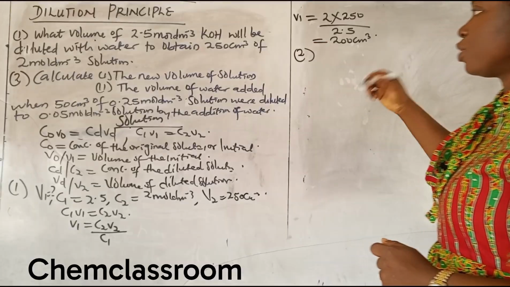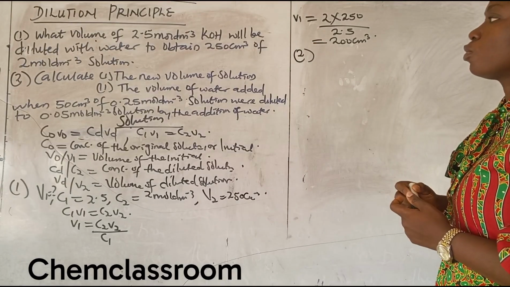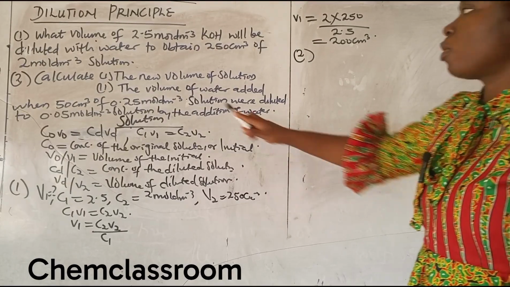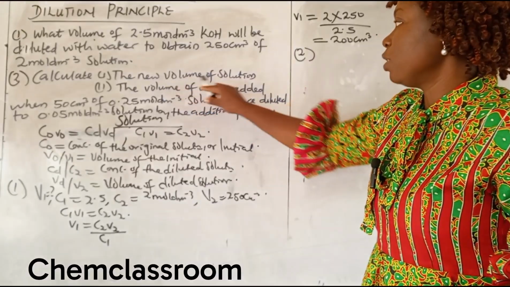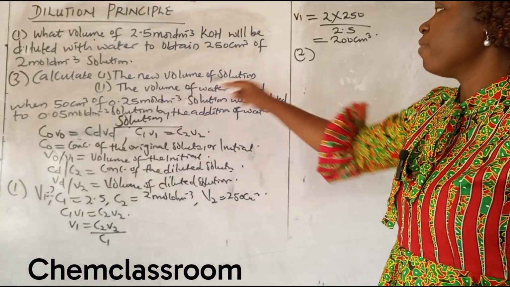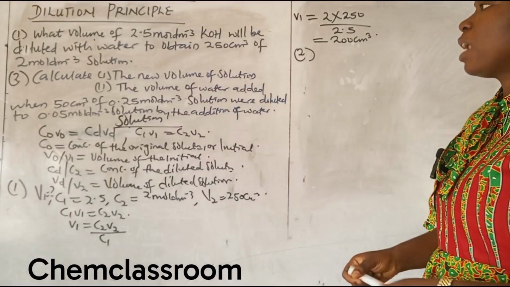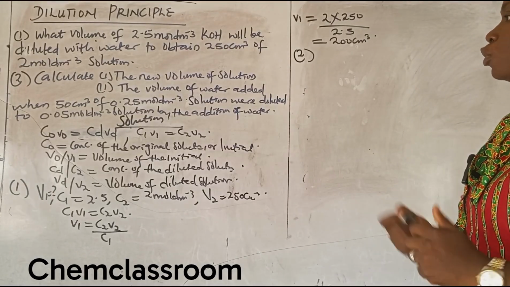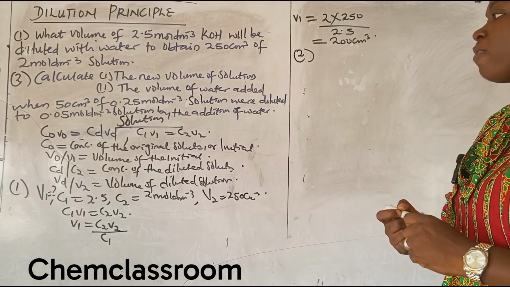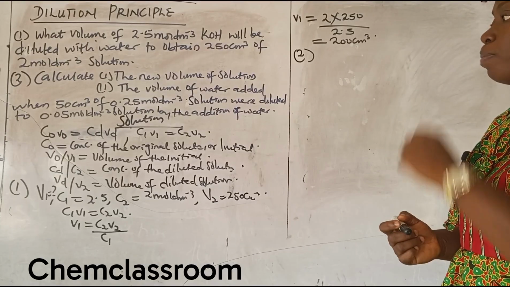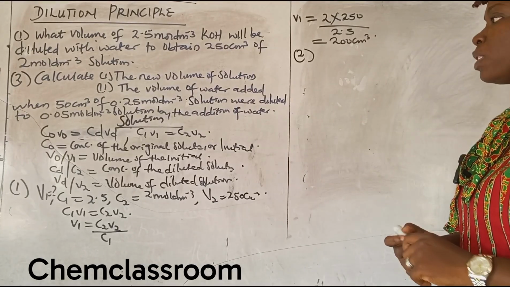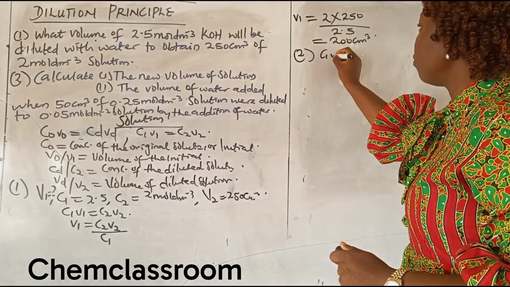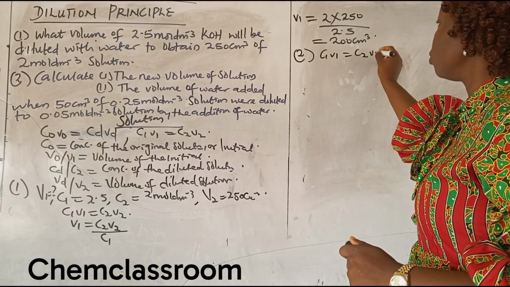Okay, so we're going to the second one. We are still going to use C1V1. Here we have 2 questions to solve. We are being asked to calculate the new volume of the solution, then the volume of the water added. It says 50 cm³ of 0.25 mole per dm³ solution was diluted to 0.05 mole per dm³ by the addition of water. So we'll do C1V1 equals C2V2.